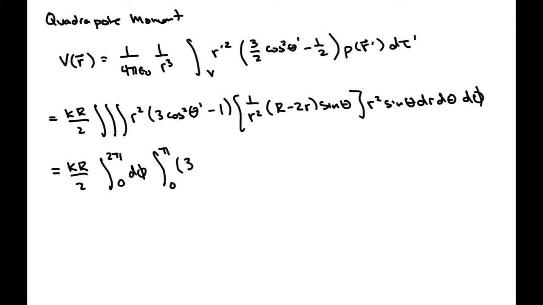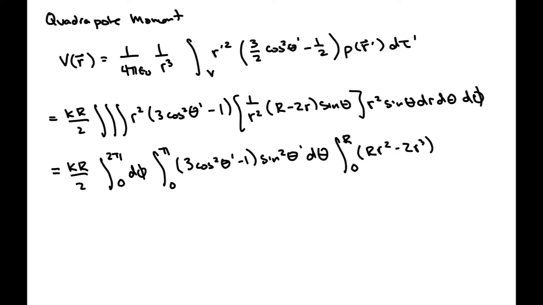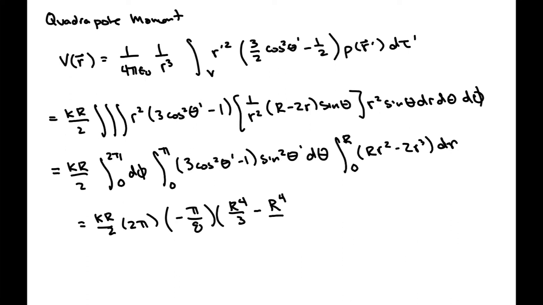So you end up getting 3 cosine squared theta prime minus 1 times the sine squared of theta prime d theta, and then you get r to 0, r times r squared minus 2r to the third dr. You can plug all of that in, do it by hand, whatever you want to do, but you end up getting k over r divided by 2 times 2 pi times negative pi over 8 k times r to the fourth divided by 3 times minus r to the fourth divided by 2.